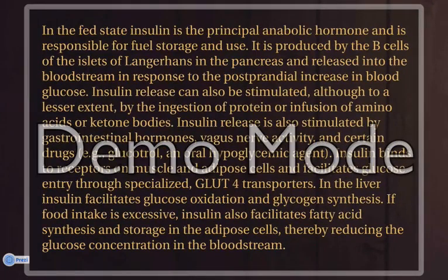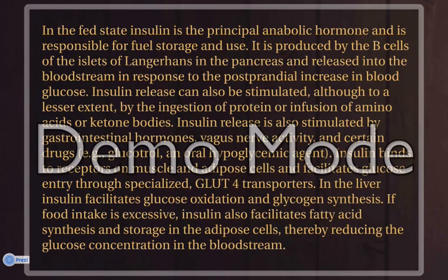In the fed state, insulin is the principal anabolic hormone and is responsible for fuel storage and use. It is produced by the beta cells of the islets of Langerhans in the pancreas and released into the bloodstream in response to the postprandial increase in blood glucose.